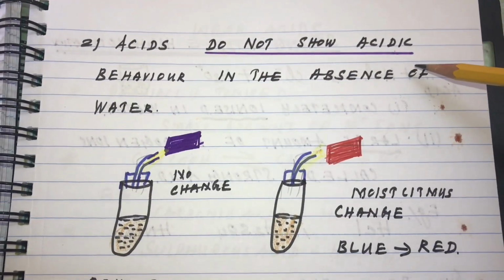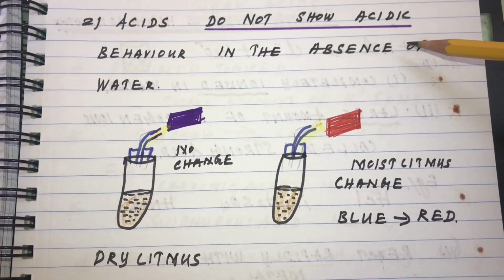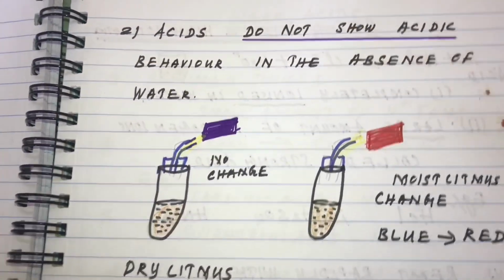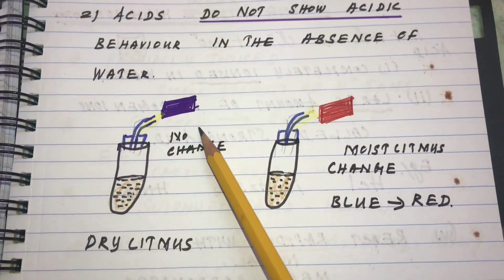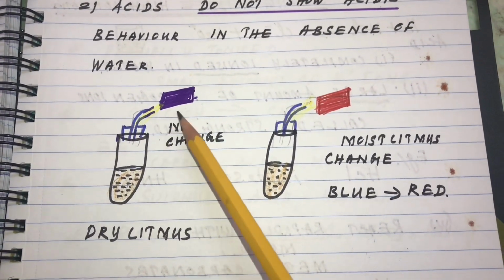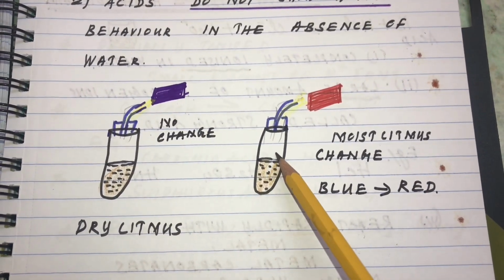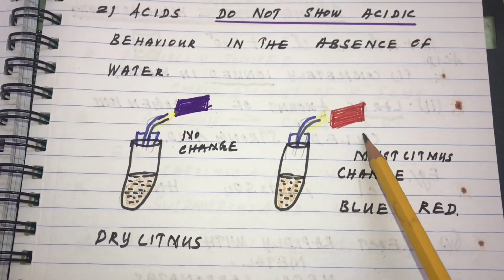Acids show their complete acidic behavior in solution, in the presence of moisture. Acids do not show acidic behavior in the absence of water. For example, if we take a dry litmus paper near the acid surface, it shows no effect. But the fumes of acid change blue litmus into red in the presence of moisture.